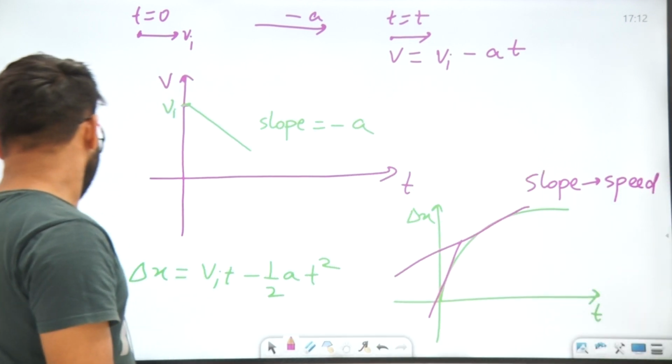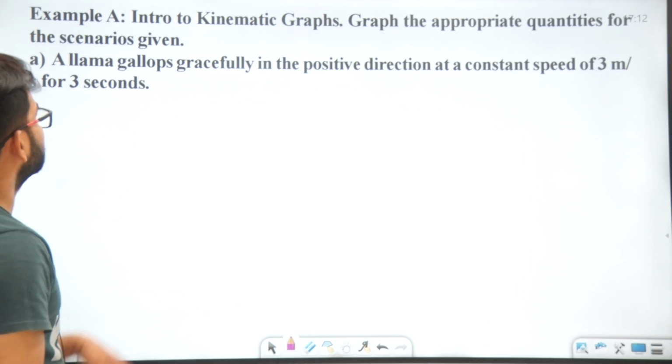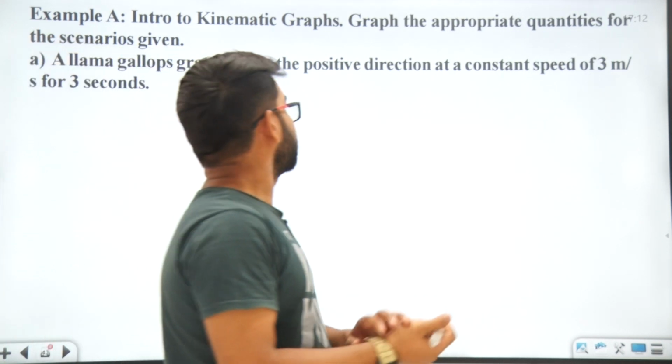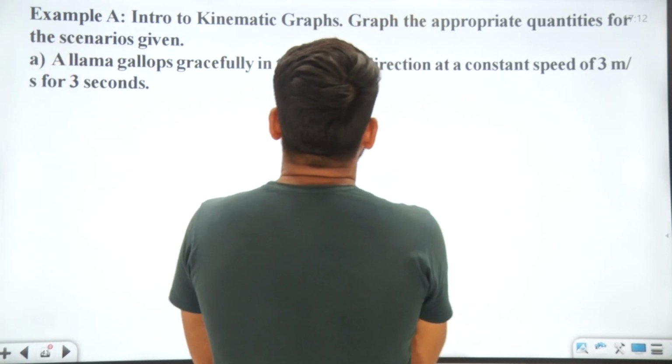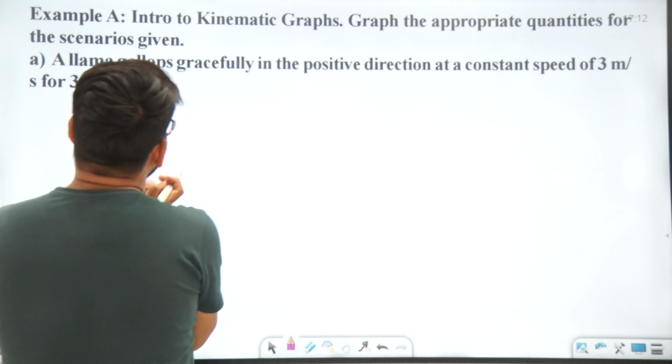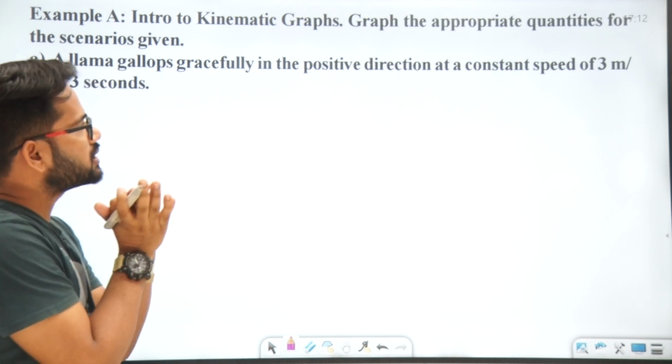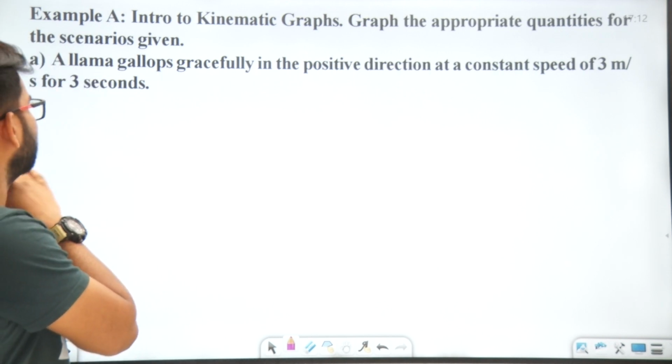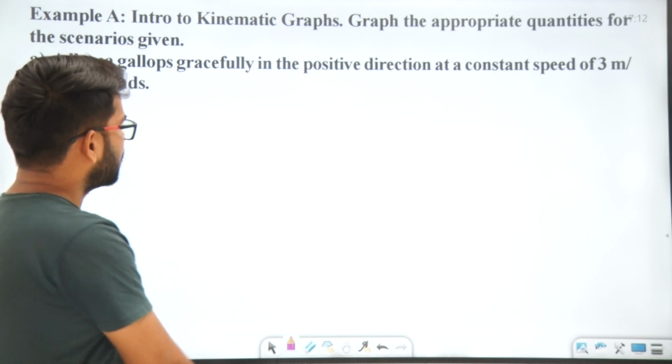So now we are going to take some examples. For example, first we take a llama that goes gracefully in the positive direction at a constant speed of 3 meters per second for 3 seconds.